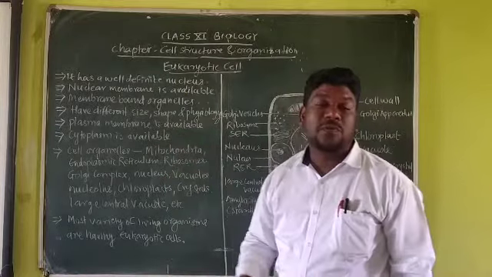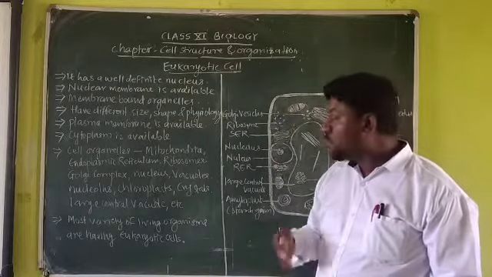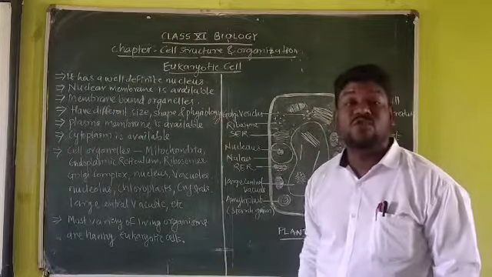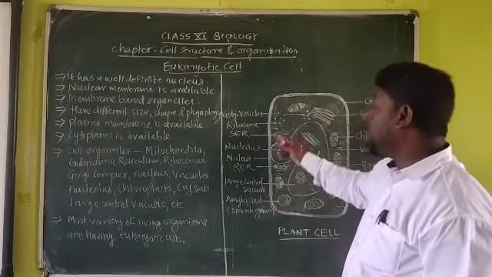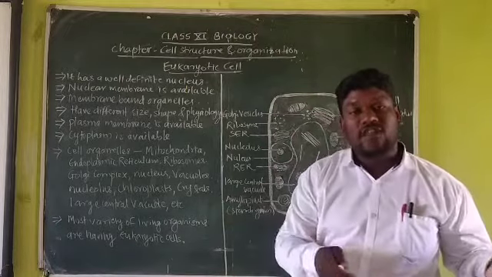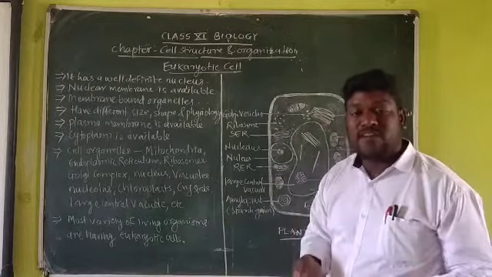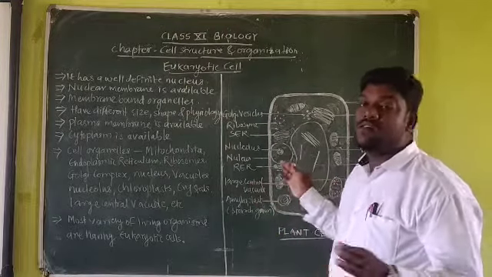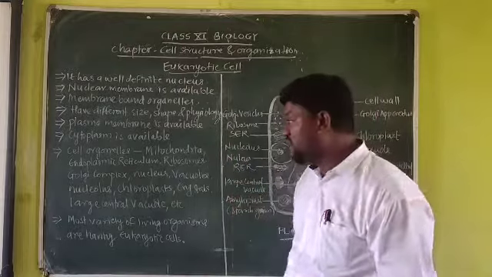Shape we have discussed: spherical, cylindrical, conical, polygonal, oval, whatever it may be. But physiology is the new word. Physiology means the components present inside the cell may be different. In plants there will be different components, in animals there will be different components of the cell. So physiology may change.